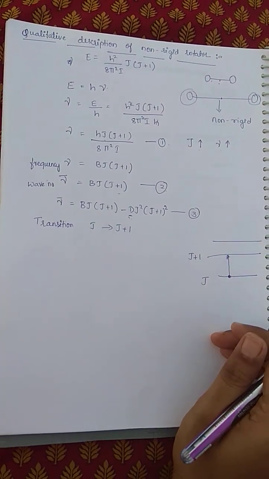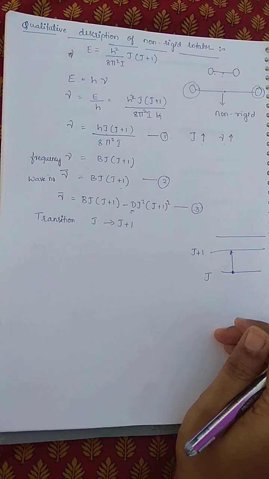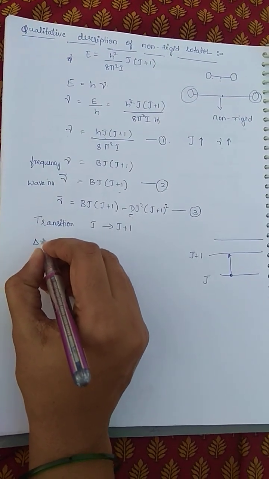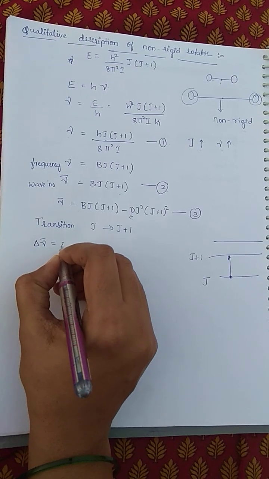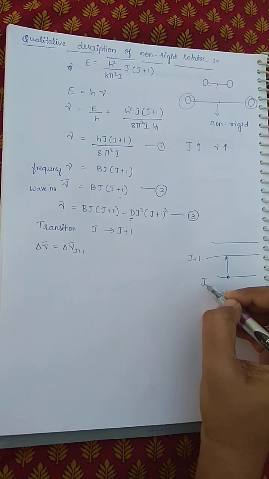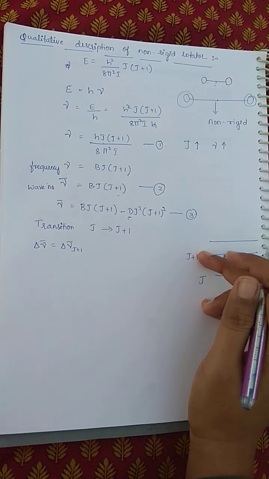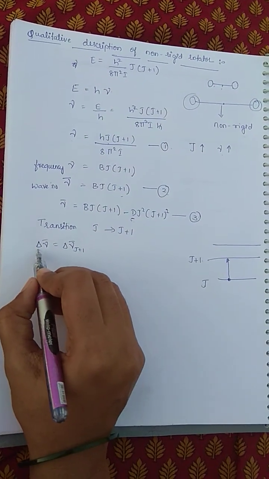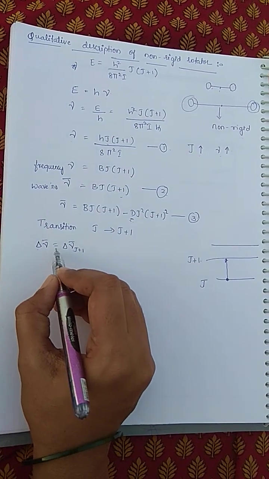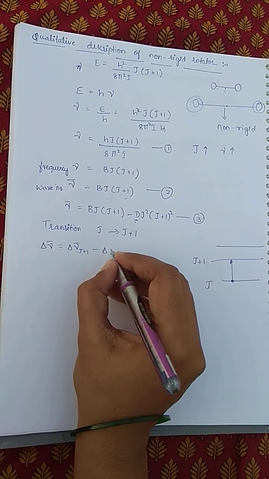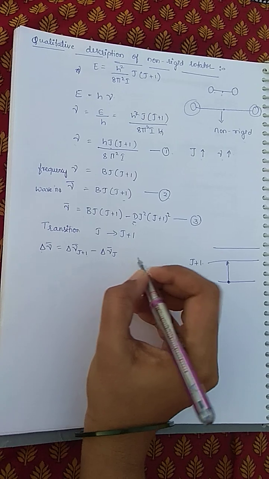Hence, for the molecule behaving like a non-rigid rotor, delta mu bar is equal to mu bar J plus 1 minus mu bar J.